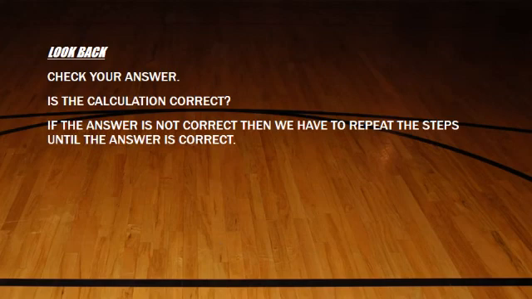We use counting technique to solve this problem. So, our answer is 10 hats. And this is the correct answer. If the answer is not correct, then we have to repeat these steps until the answer is correct.